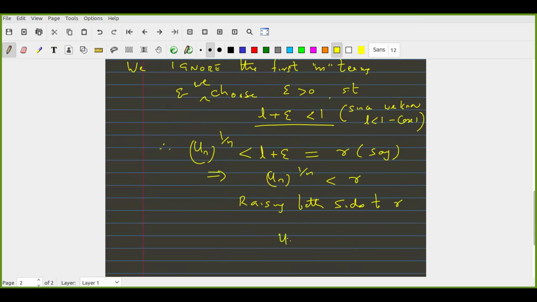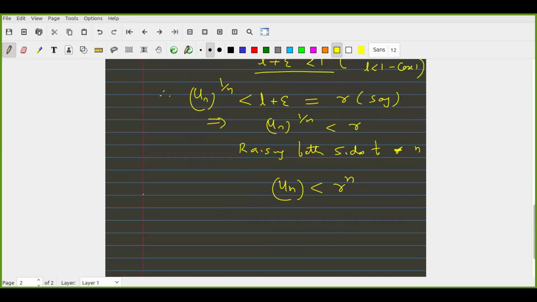So un alone is less than or equal to r power n. I'm raising both sides to the power n. Okay. So what does it mean?